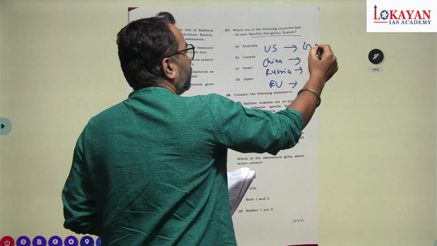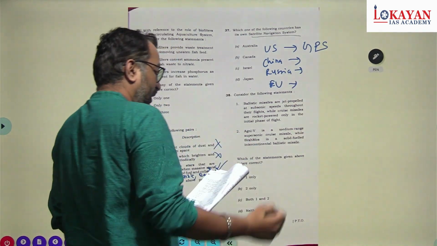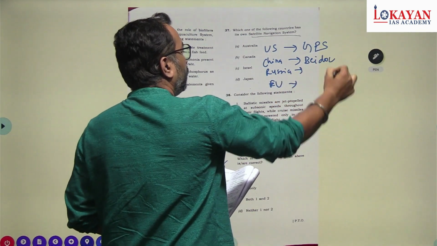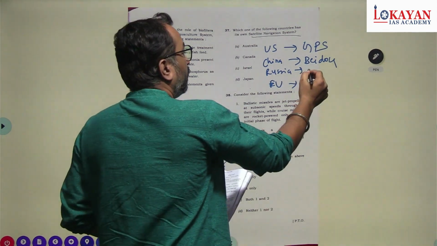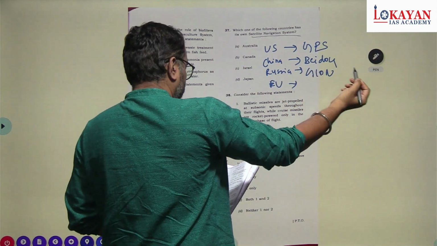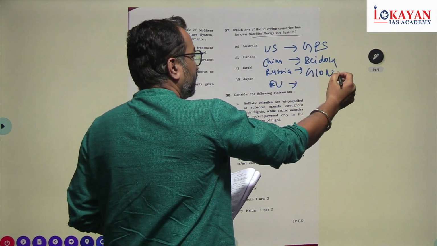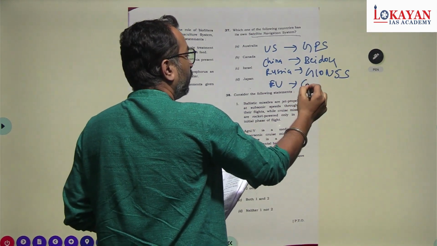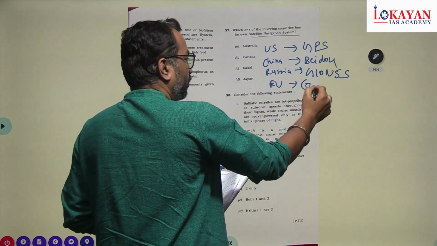The satellite navigation system of US is called GPS, and that of China is called BeiDou, and Russia's is the Global Navigation Satellite System, and European Union has recently launched its own satellite navigation system that is called Galileo.